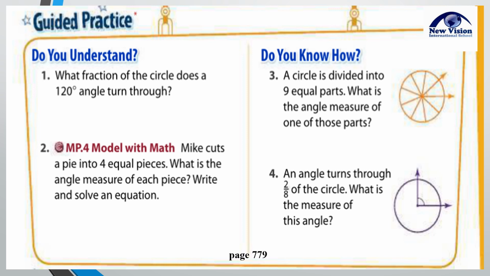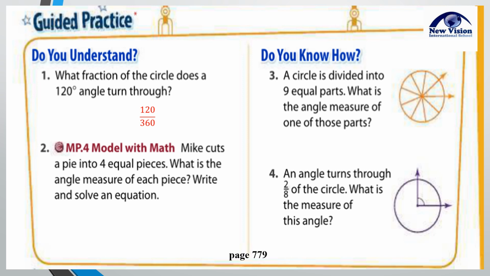Let's answer guided practice. Do you understand? Number 1. What fraction of the circle does a 120 degrees angle turn through? Again, one rotation equals 360 degrees. So 120 over 360.